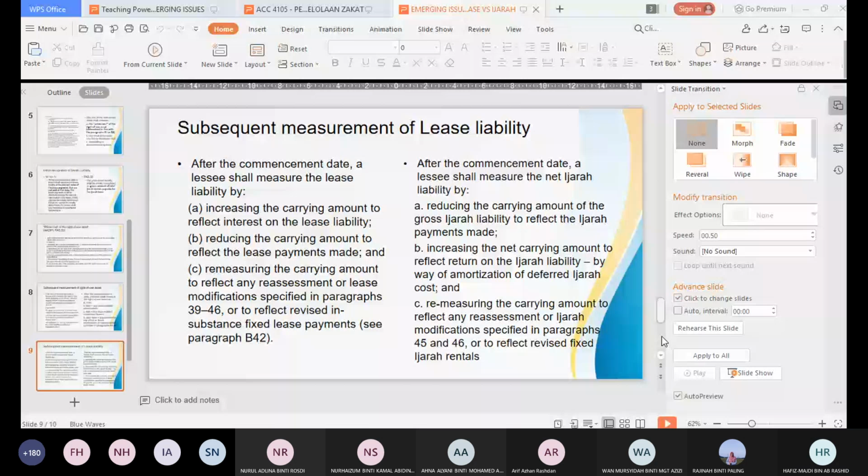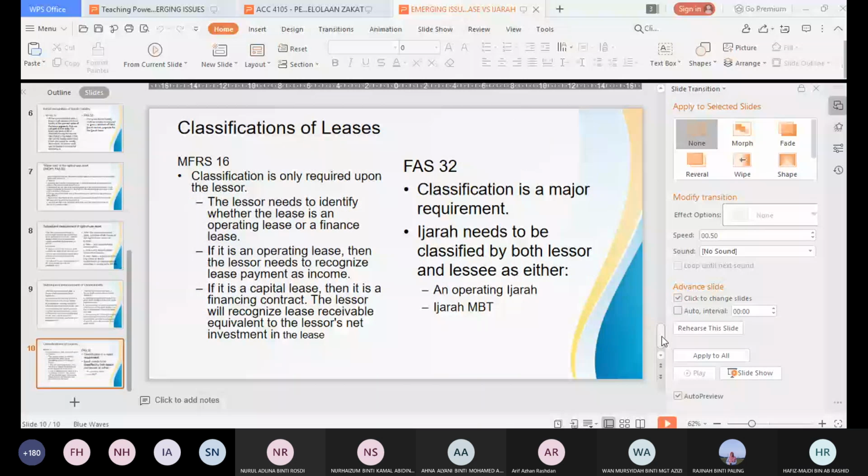In terms of classification of leases, the last one, of course, is again a problem. Under MFRS 16, you need to classify leases into two: either an operating lease or a capital lease, which we call a finance lease. The finance lease is basically the problem. The operating lease should not be a problem, because in an operating lease, the lessor will always recognize the underlying asset.